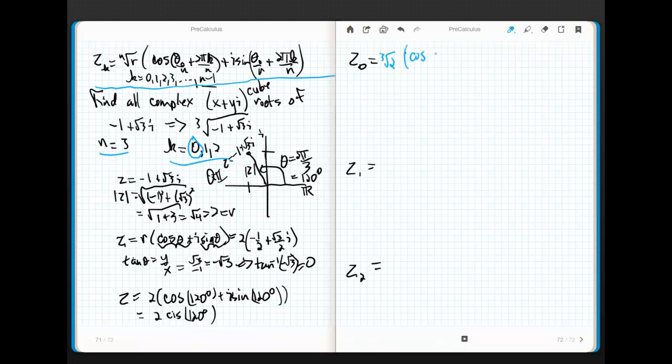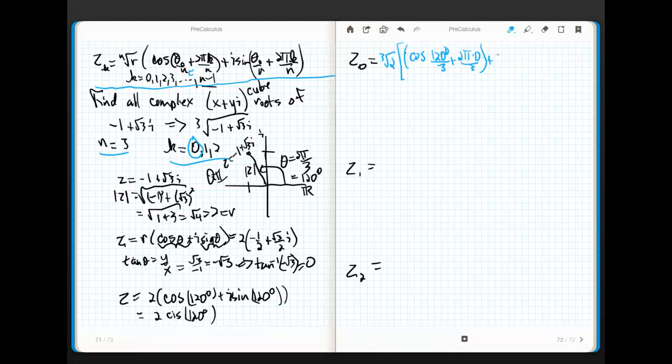I'm going to go cosine of 120 degrees divided by n, so n was 3, plus 2 pi times 0 divided by 3. I'm actually going to write that out because it'll keep me from doing stupid stuff down the road. I need a little bracket here.